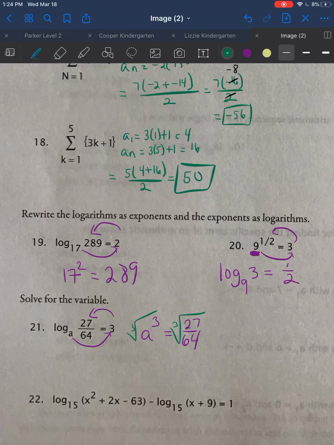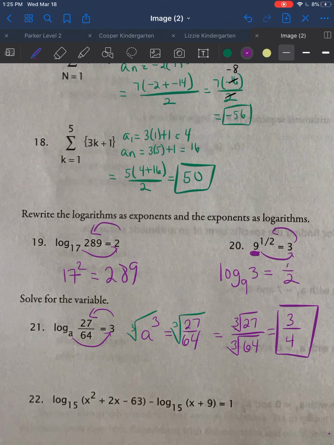When we take the cube root of a fraction, that is equal to the cube root of the top divided by the cube root of the bottom. The cube root is what times itself gives you that number. 3 times 3 times 3 is 27. Cube root of 27 is 3. 4 times 4 times 4 is 64. So my answer is 3/4.